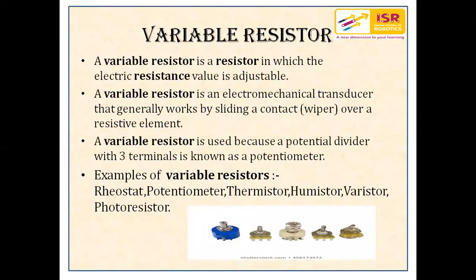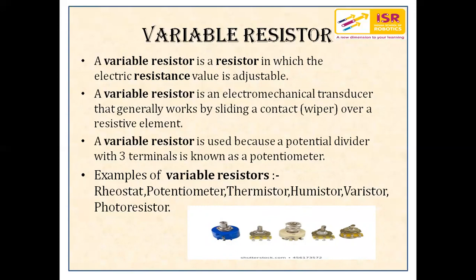So basically, the wiper here is a terminal which is used for adjusting the value of your resistance. A potential divider with three terminals is known as a potentiometer. That means you can call your variable resistor a potentiometer too.